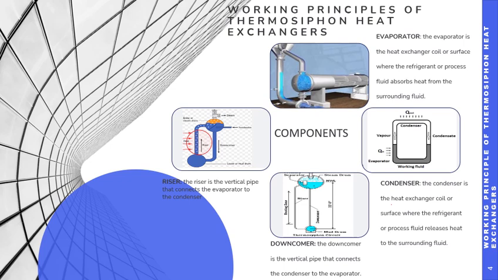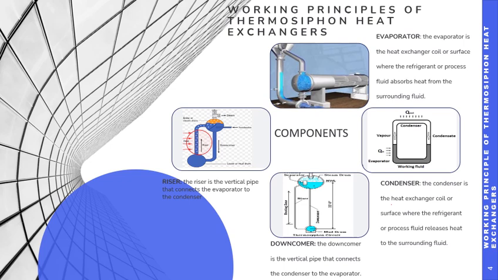Then another important component of the thermosiphon heat exchanger is the condenser, where the refrigerant or process fluid releases heat to the surrounding fluids. The next component, which is very essential to the functioning of thermosiphon heat exchangers, is the downcomer.